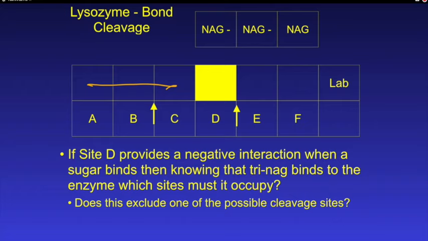And if you go back to the original experiment, when we had 3 bind, we had 0 breakage. So what that does is eliminate B and C as a possible place in which breakage could occur. Between D and E is the place that actually starts to break down sugars.